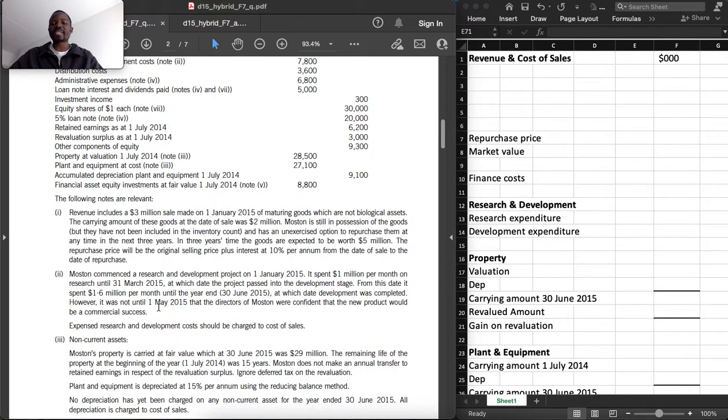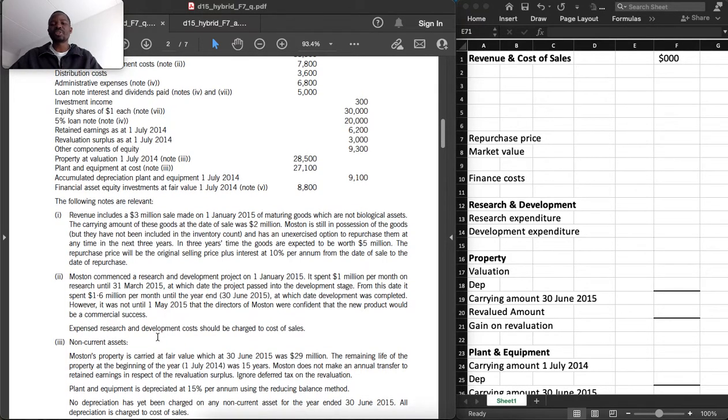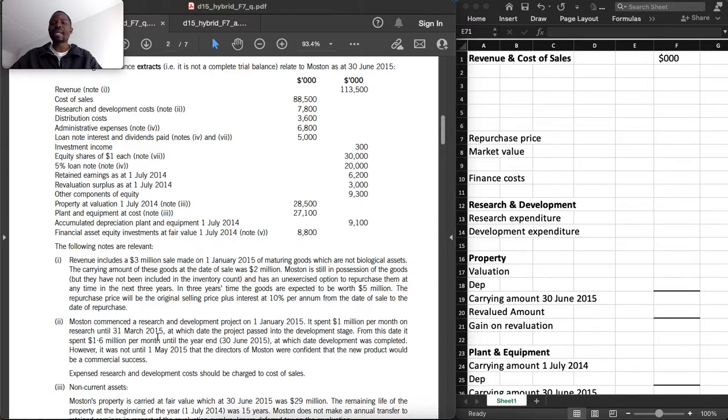The following notes are relevant, so we'll be doing the notes one by one. So we'll start with note number 1. Revenue includes a 3 million sale made on 1 January 2015 of maturing goods which are not biological assets. The carrying amount of these goods at the date of sale was 2 million.